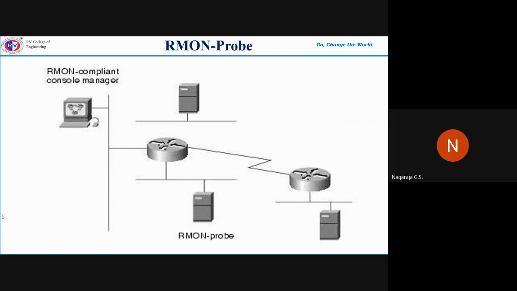Here you have an RMON compliant console manager on the left hand side, and on the right hand part you have your local area networks, and you can have one or more RMON probes based on the complexity of the network, or based on the number of networks you use in your environment. That matters.